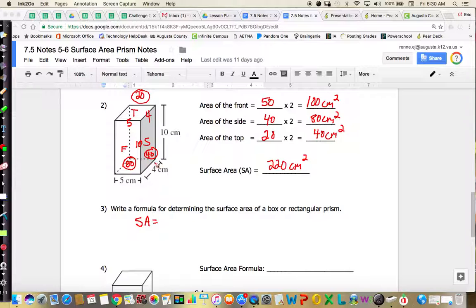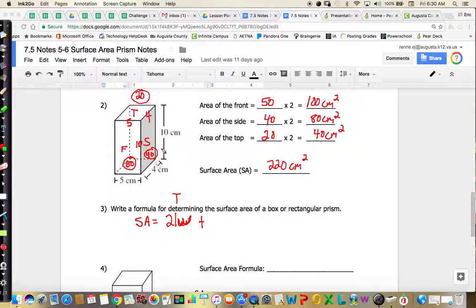The width is here, so we have to look up here. So the length times the width, and we have to double it because there's a top and a bottom. So we have 2LW, whoops, 2LW. And go ahead and put a T up here so you know that that 2LW is the top. And then we look at the length and the height, which is over here.